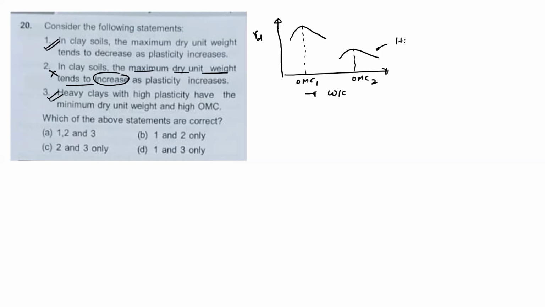This is for highly plastic soil like clay, and this is non-plastic soil like sand. It has more maximum dry density as compared to highly plastic soils. So statement 3 is correct. Okay. So 1 and 3 are correct. So option D is the correct answer. So 20, option number D.